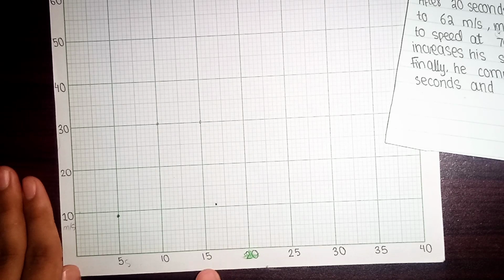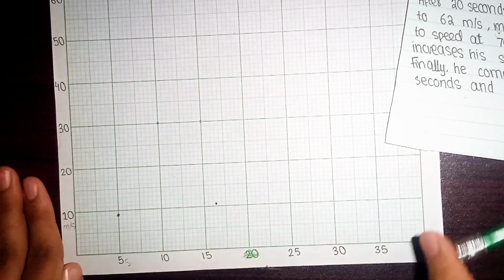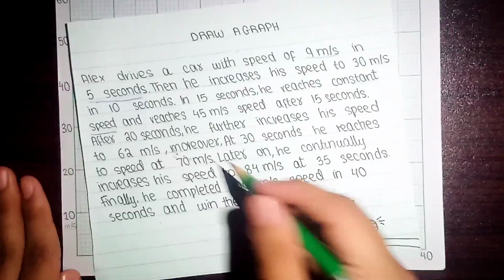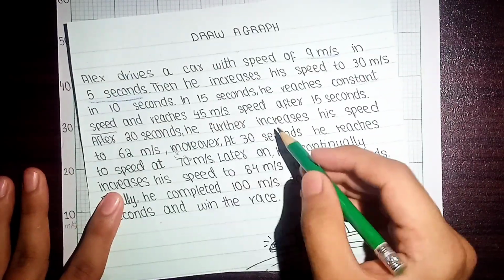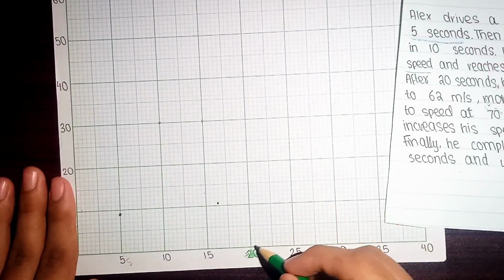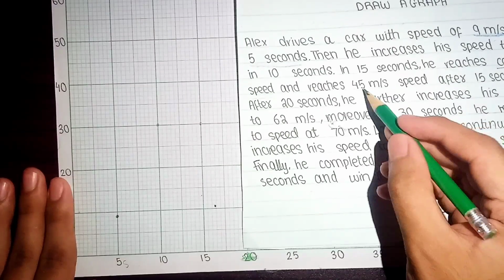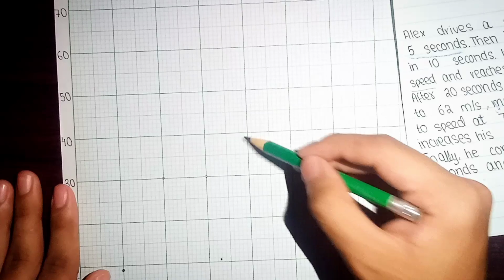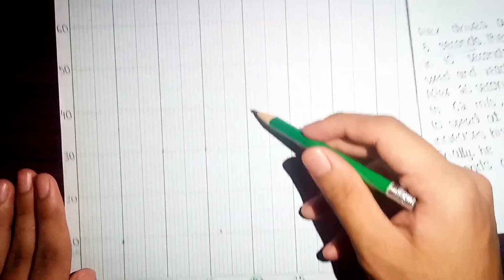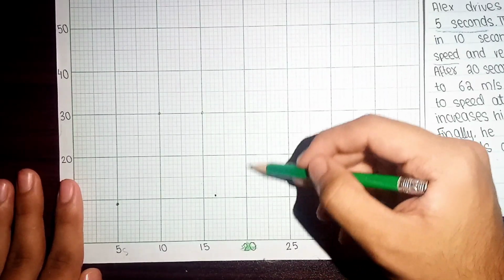Alright, so at 15 seconds, I'll also make a dot on 30 meters per second. No value is written here, but constant speed taught me that yes, it must be the same. And after 15 seconds, it must be 20 seconds at which his speed is 45 meters per second. Alright, just 2 points above 40, and I'll mark a dot.